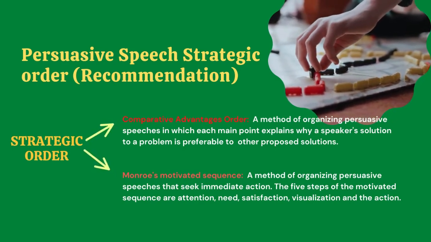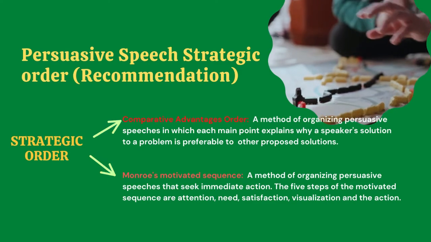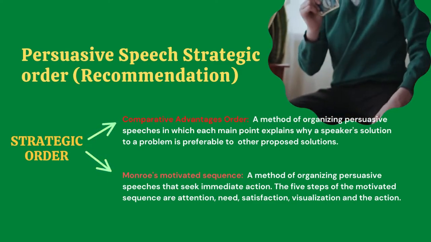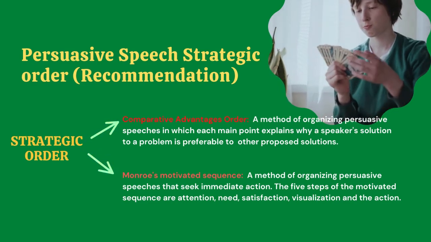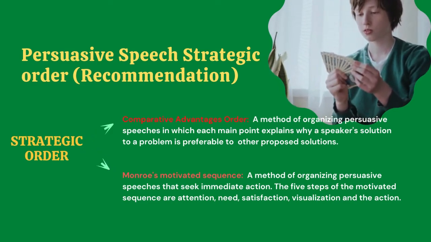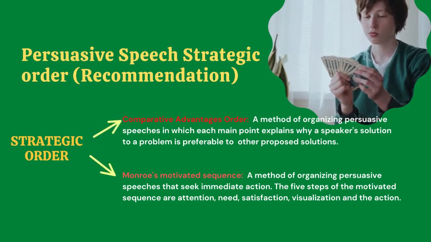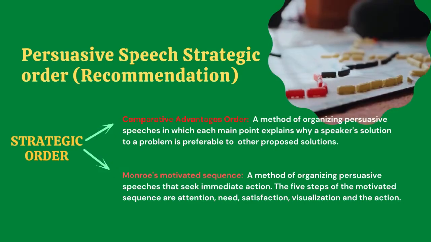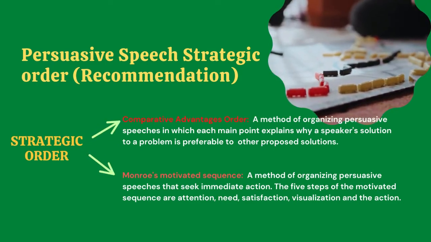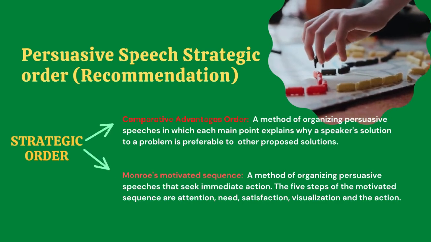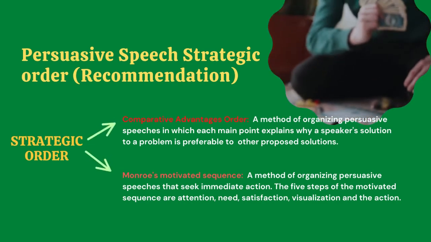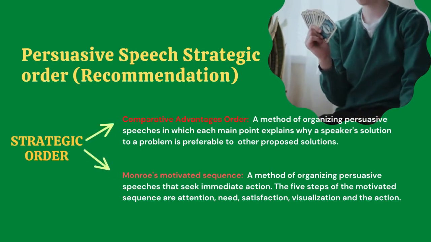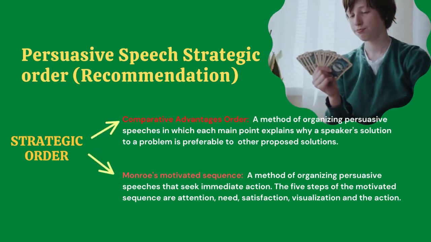How to do your outline. Persuasive speech strategic order. I recommend that you use two types of strategic order. Number one is comparative advantage order. It is a method of organizing persuasive speeches in which each point explains why a speaker's solution to a problem is preferable to other proposed solutions.